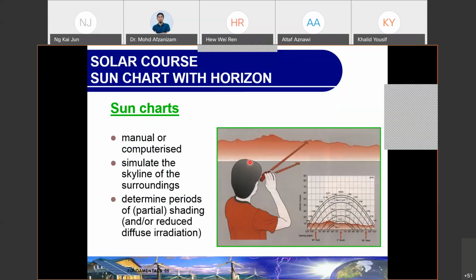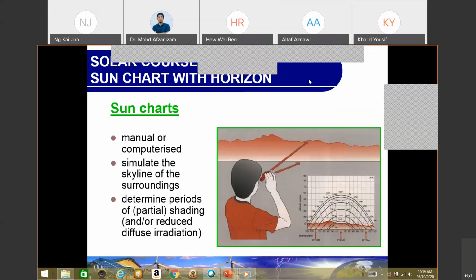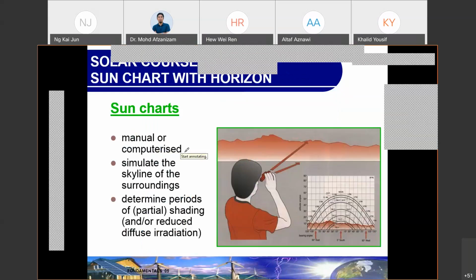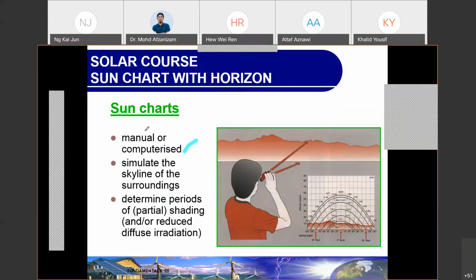Okay, so this is the sun chart, a sample of the sun chart. Sun chart, manual or computerized. We will go for the manual version. Simulate the skyline of the surroundings. Simulating the skyline of the surroundings is more related to ensuring which places have shade or blockage by the surroundings.